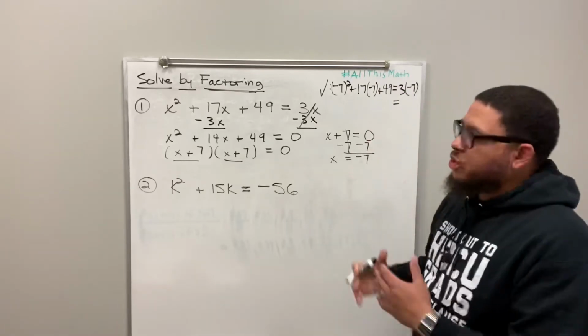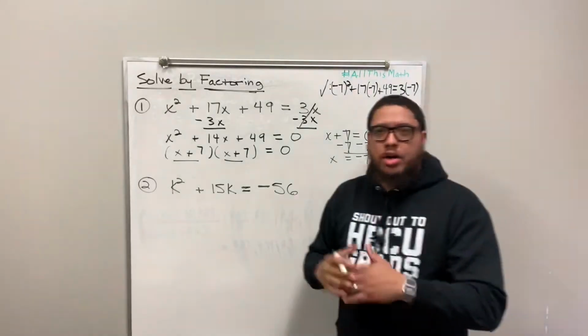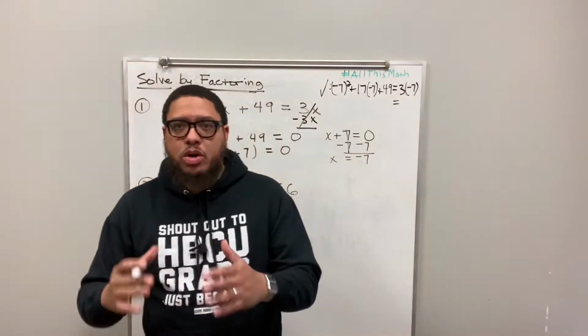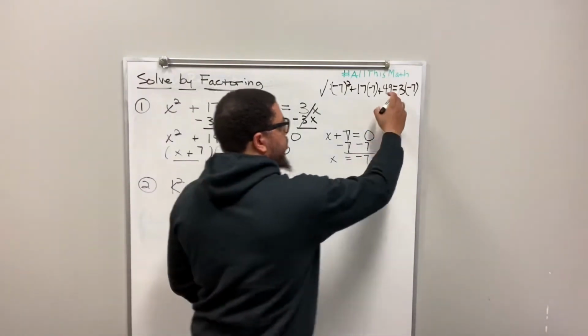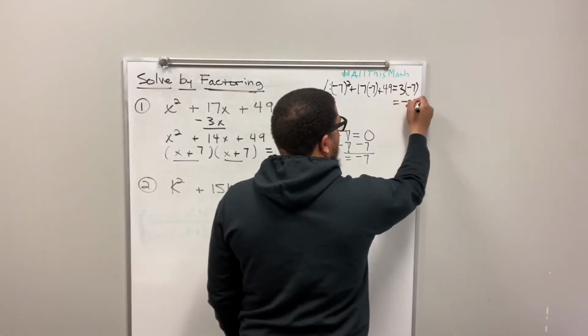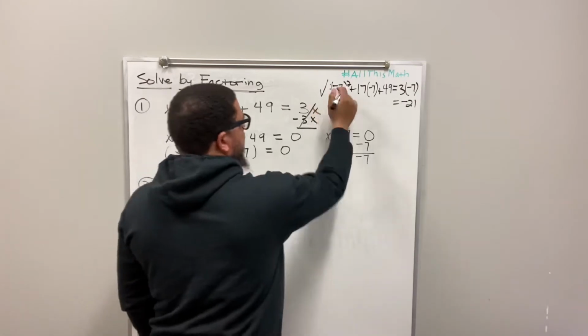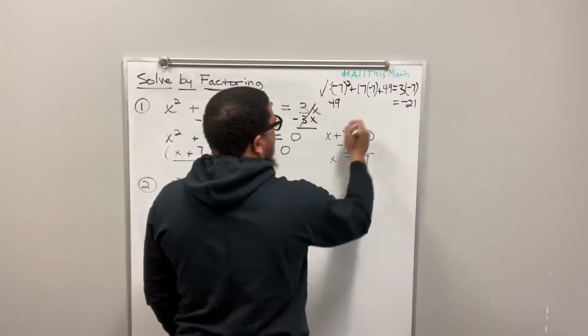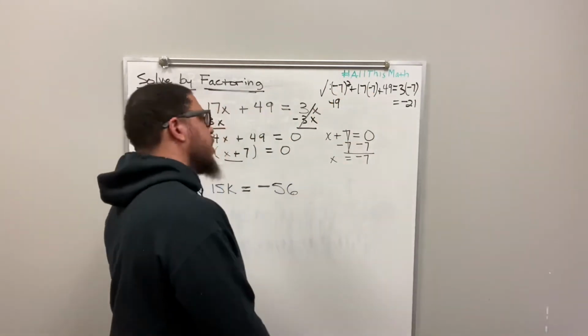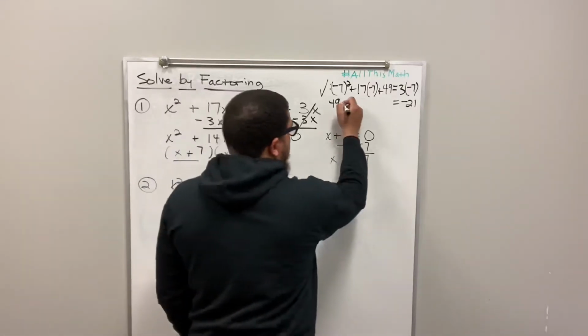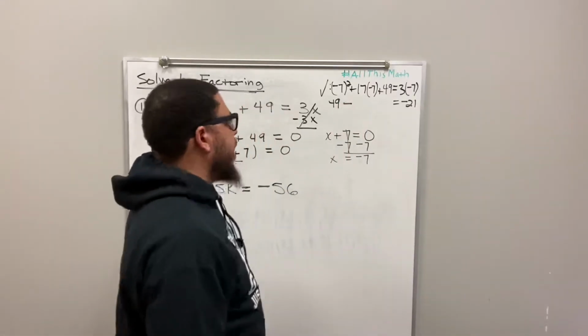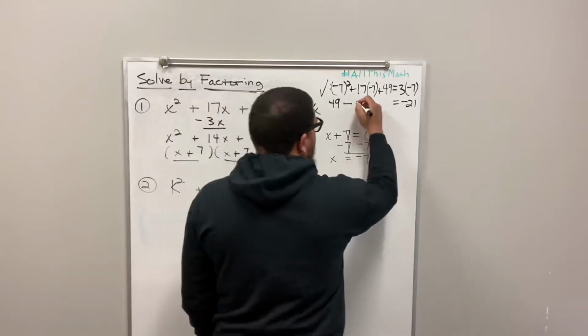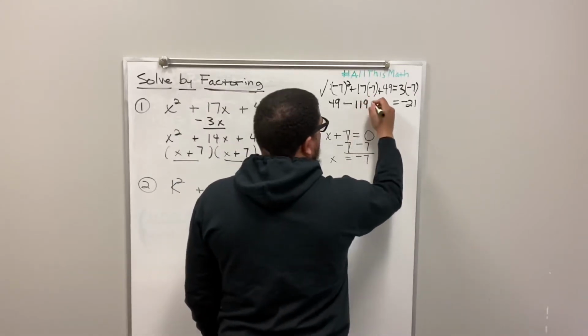We always want to check our work, to verify that we know what we're doing. Over here, 3 times negative 7 is negative 21. Negative 7 squared is positive 49. 17 times negative 7 is going to be negative something: 70 and 49 is going to be 119. And then plus 49.